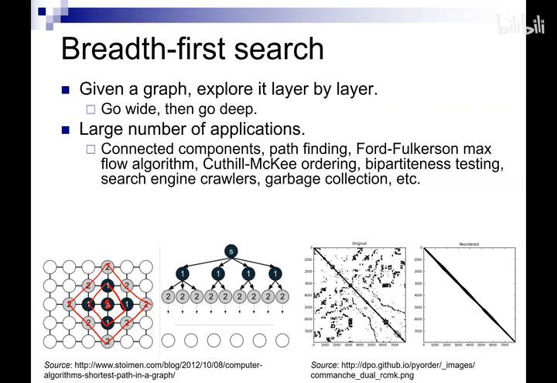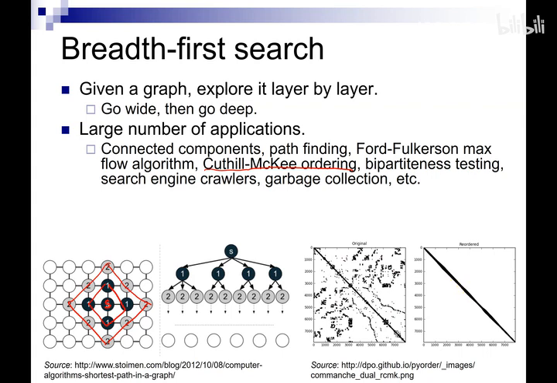Now this thing, the Cuthill-McKee ordering. Remember from the SPMV lecture, we talked about a way to reorder a matrix so that you can get more regularity in the matrix. So you can start with the matrix on the right over here, which looks like a completely garbled type of thing. And then if you reorder these rows and columns, you can actually get something which looks much more ordered.